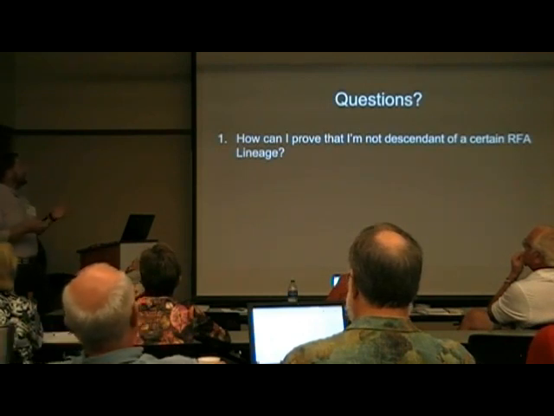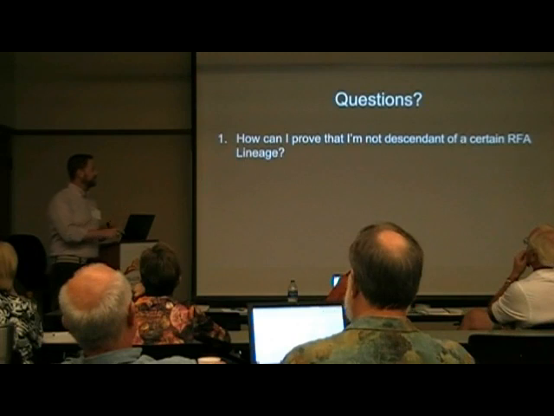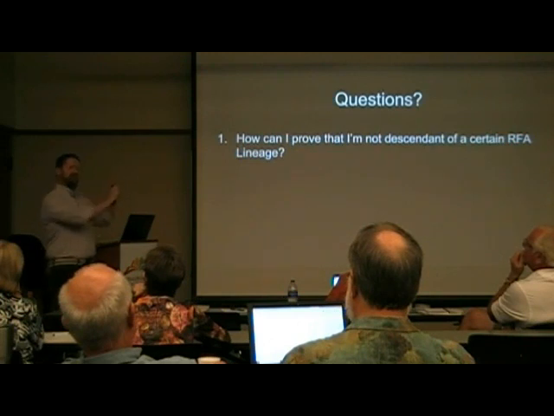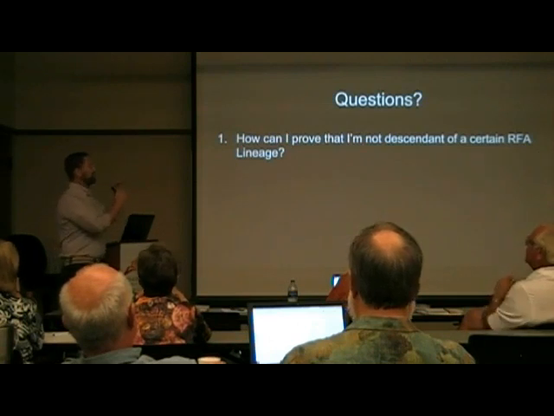She asked, how can I prove that I'm not a descendant of a certain RFA lineage? As of now, we don't have the signatures of all of the groups identified yet, but we have some of them.